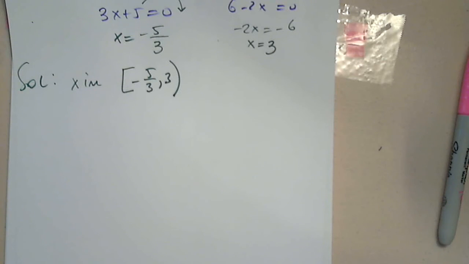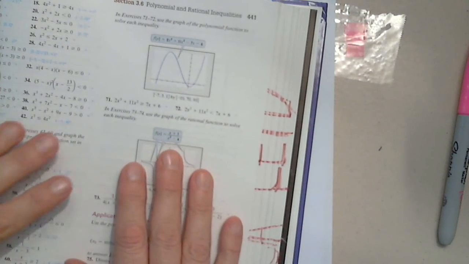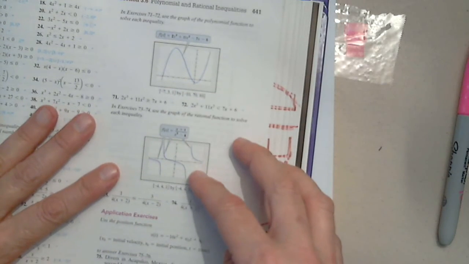Now let's practice with some graphs. This was the algebra part, but we can also read from graphs. So we are given a polynomial and a rational. Let's choose one.